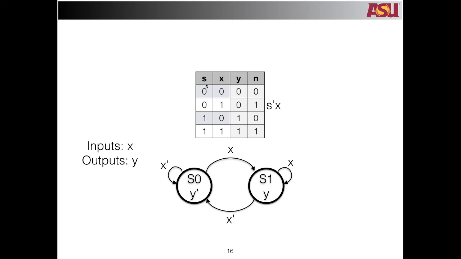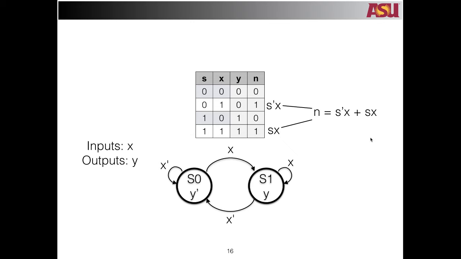In this case, we have s as an input and x as an input, and it would be not s and x. Now the second one down here, we have s and x. So this would be another minterm. You combine them, you can combine them to one Boolean equation using the OR operator, and then you have your description of the output.